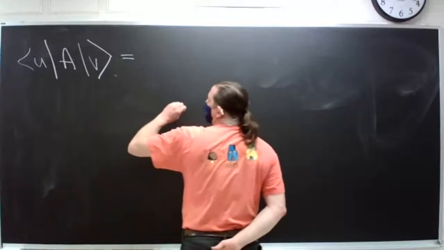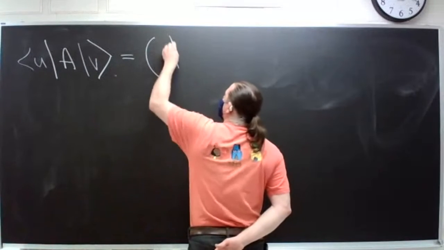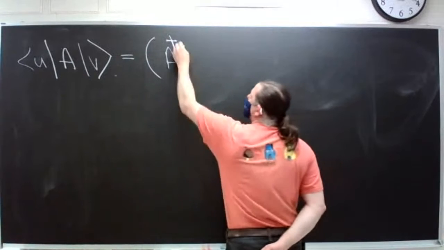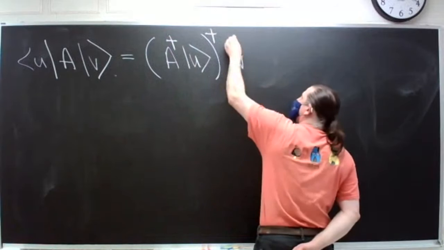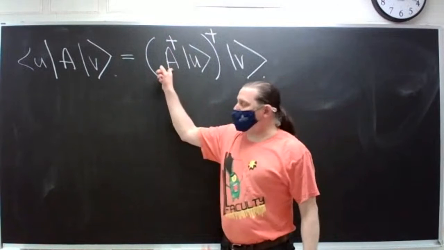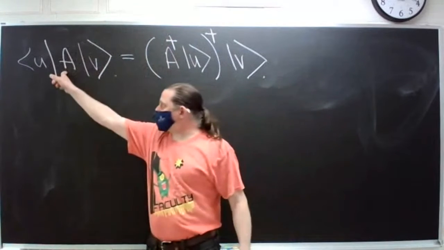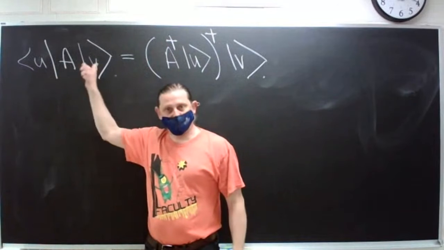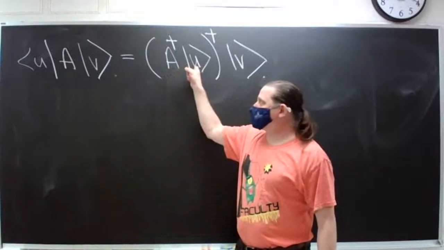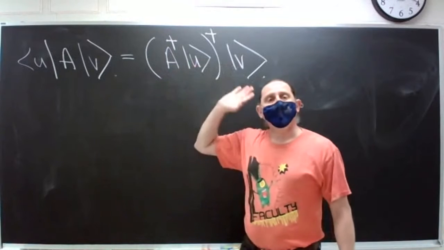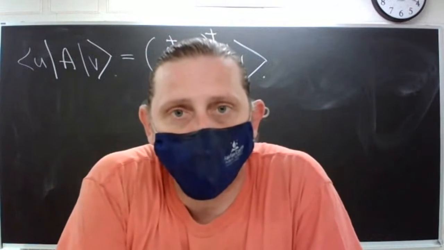We define the adjoint, A dagger, as the operator that produces the same effect that A does when acting on V, but it produces that effect when acting on U. So I could say A dagger performs the operation of A acting backwards.